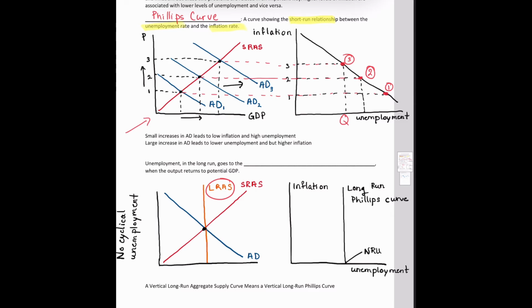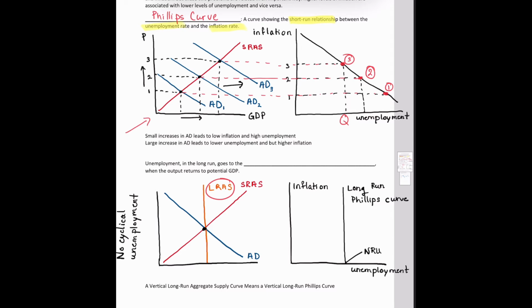Then subsequently, the argument became, if there's a long-run aggregate supply curve that is vertical, then there must be an implication that the long-run Phillips curve is also vertical, which means essentially in the long run, employment is determined by output rather than being determined by price level.